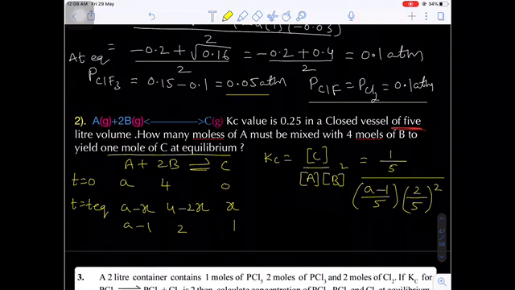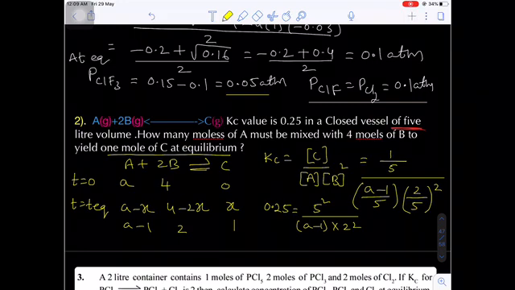Okay, from here if you solve this, what is the Kc value given to you? 0.25. So 0.25 is equal to here 5 square whole divided by A minus 1 into 2 square.